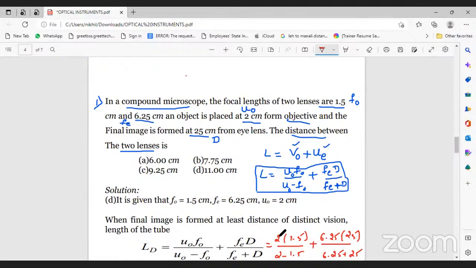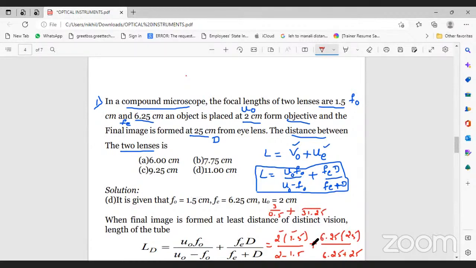What is 2 into 1.5? 3. 2 minus 1.5 is 0.5, plus. What is 6.25 into 25? Approximately at least. The denominator will be 31.25.